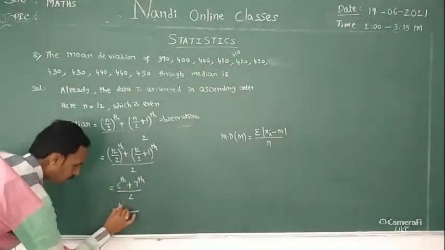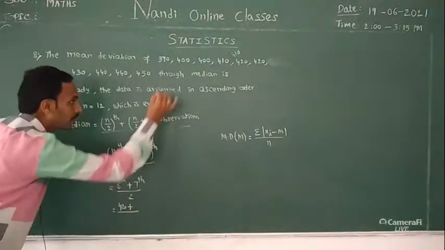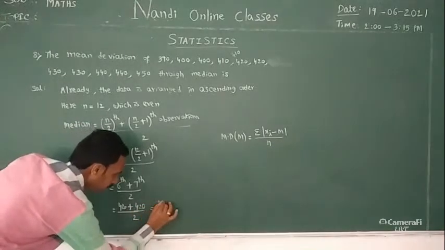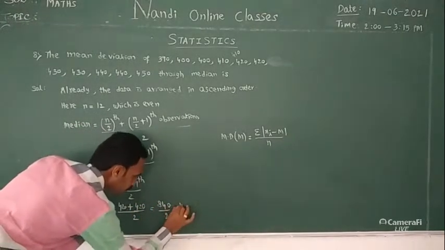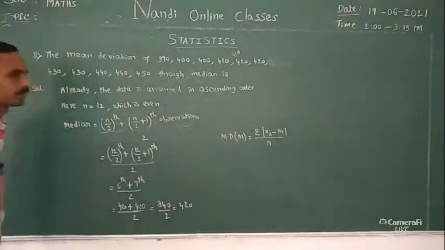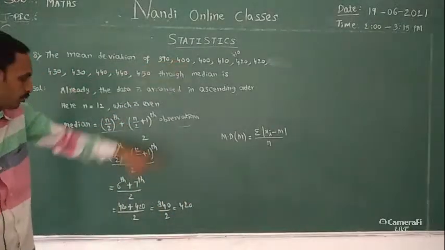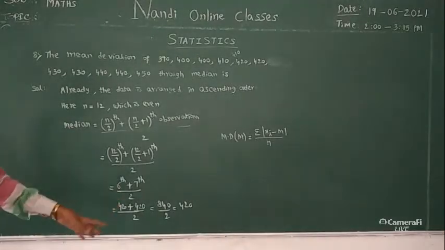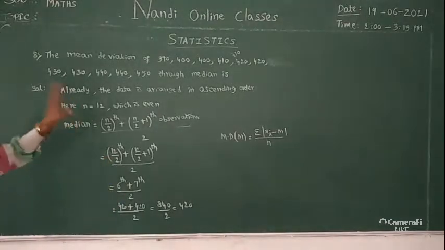The 6th is 420. The 7th also 420. Whole divided by 2 is 840 divided by 2, which is 420. That is the median of the data.